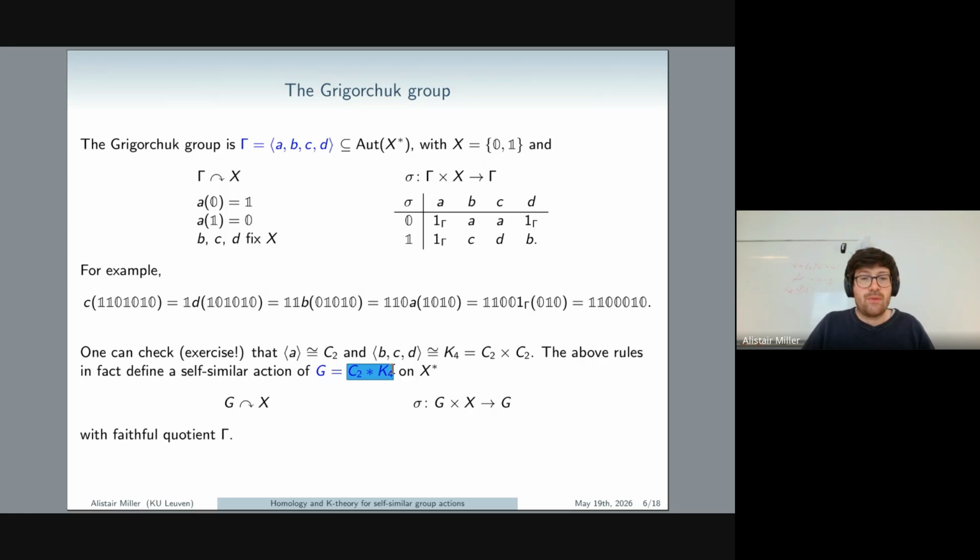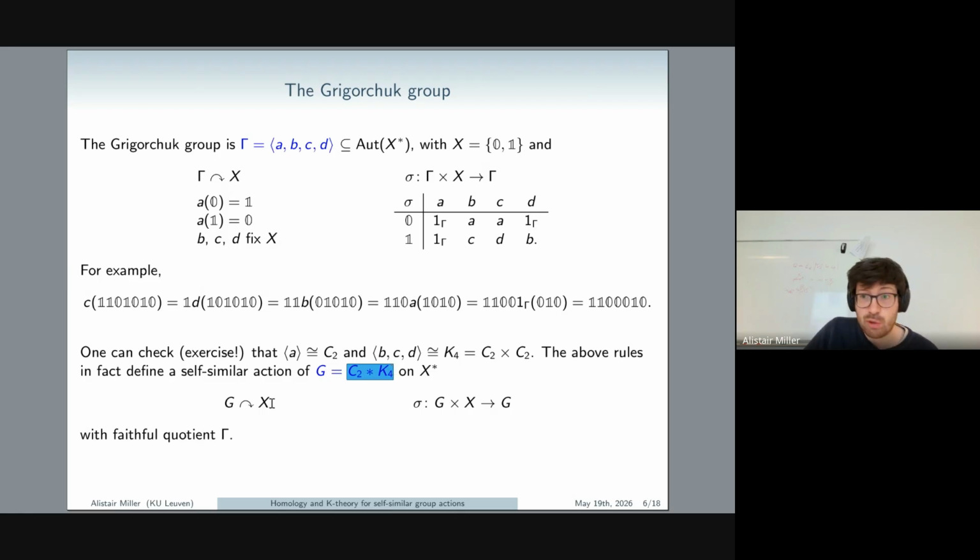And the quotient, so the faithful quotient of this free product group in the automorphism group, that's going to be the Grigorchuk group. This is not equal to the Grigorchuk group. This is not a faithful self-similar action. For example, we know this is not an amenable group, but we know the Grigorchuk group is amenable.